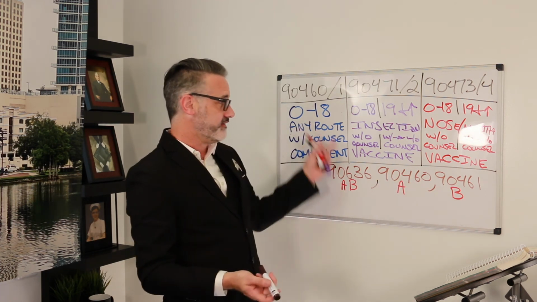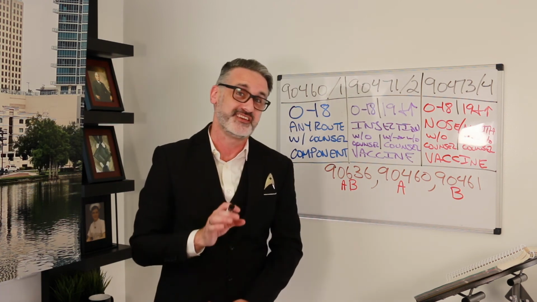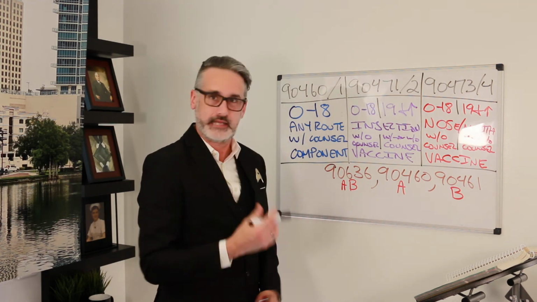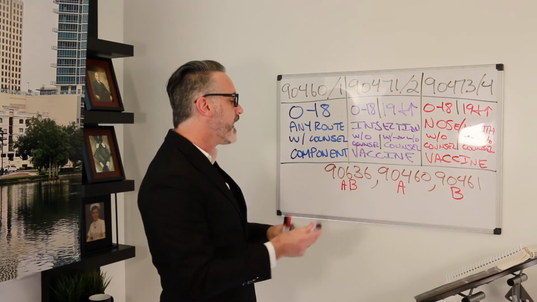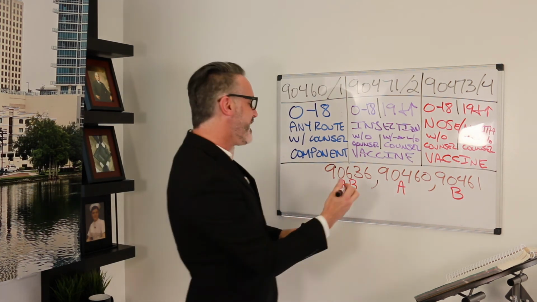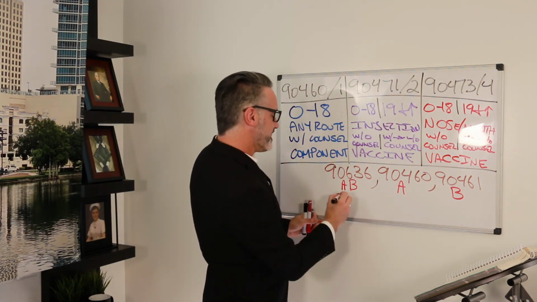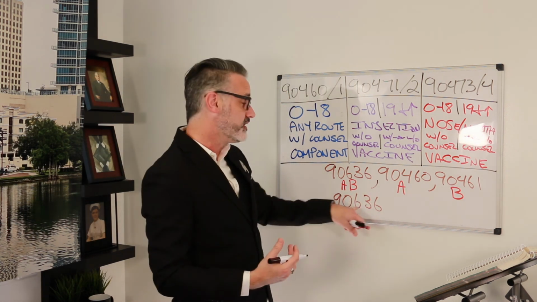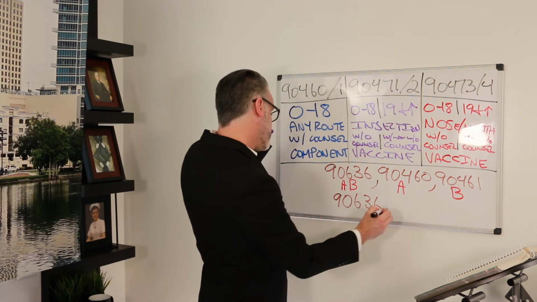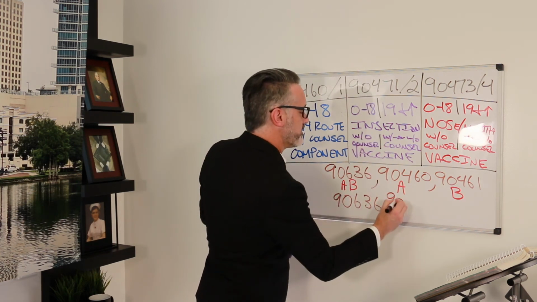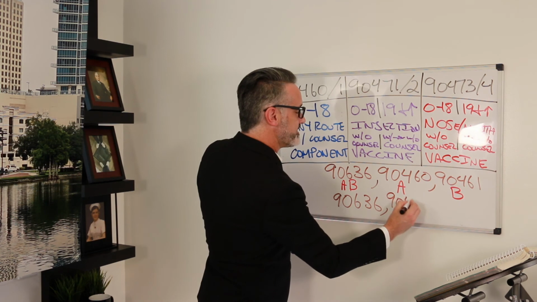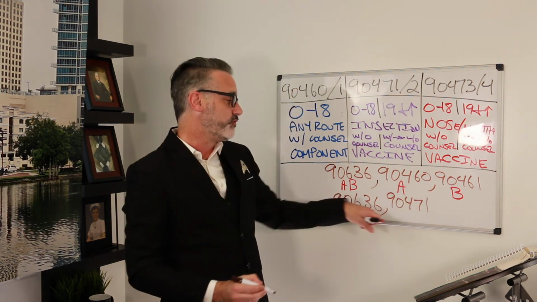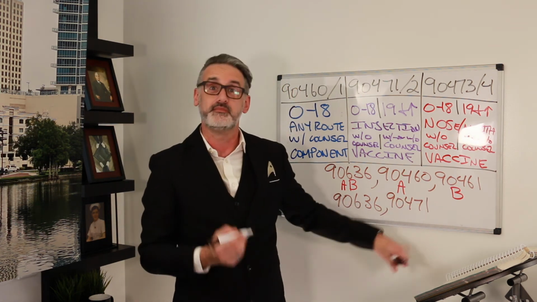And let's say I will not tell you what year it has been since I was 18 in the first set, but let's just say I'm 19 and above. So coding it by vaccine, then it's a one-to-one ratio. I have one vaccine code, 90636, so then I need one administration code. 90636 says it's an injection, so then I have one vaccine code for one administration code.